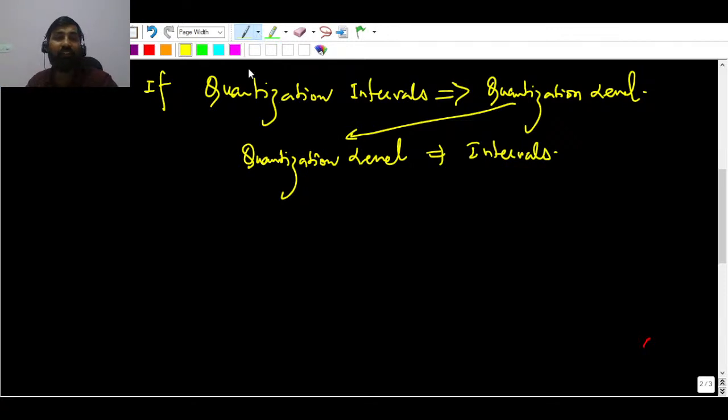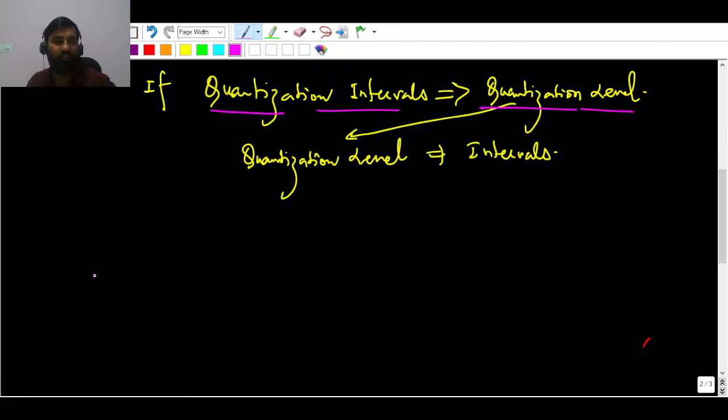So for that, in the question, what will be given? In the question, probability density function will be given. You know, because the quantization input we need to consider as a random variable, right? So if there is a random variable, that random variable must be characterized by the probability density function that we know already, right? So in the question, the density function will certainly be given.